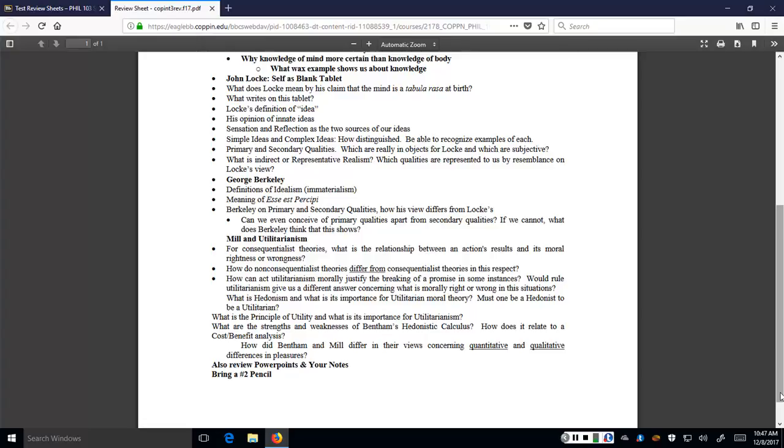They didn't accurately represent anything that's a property of something in the external world. Berkeley agreed with Locke about all these secondary properties. He thought they're subjective and mind-dependent. This word mind-dependent means dependent on a mind for its existence.